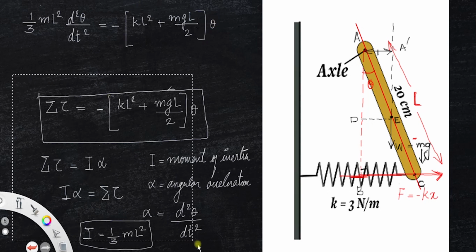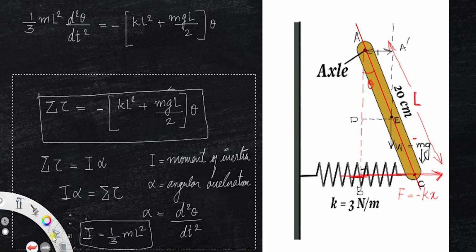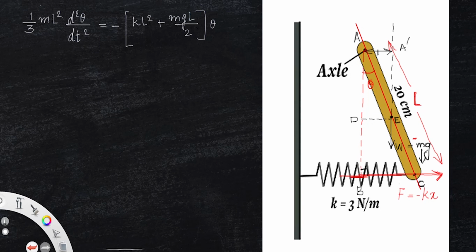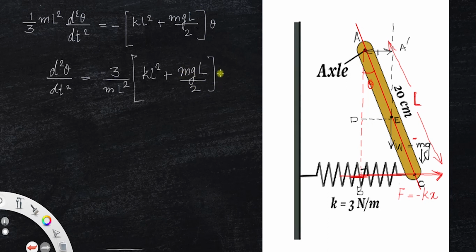You can take the quantities on the left side to the right. So d square theta by dt square is equal to, this will move to the numerator, 3 divided by ml square, times minus k L square plus mg L by 2 times theta.